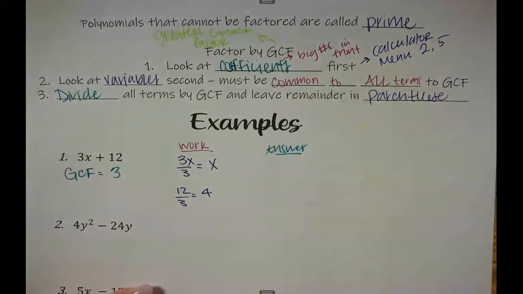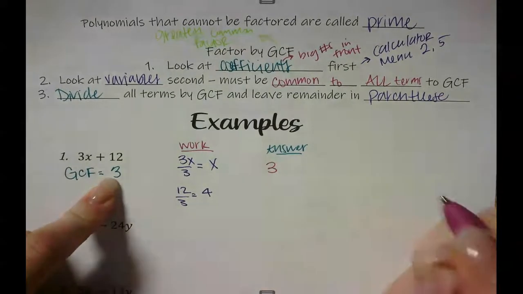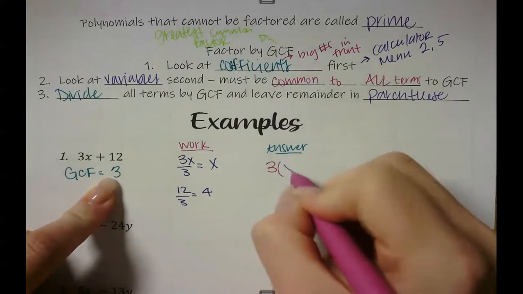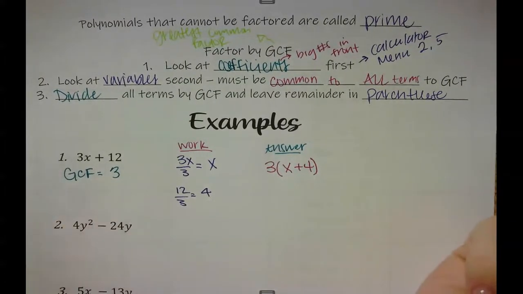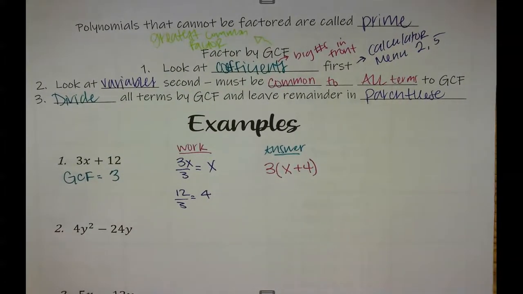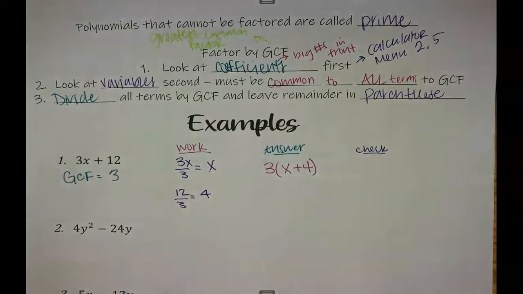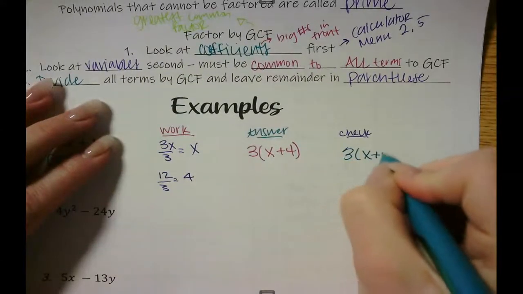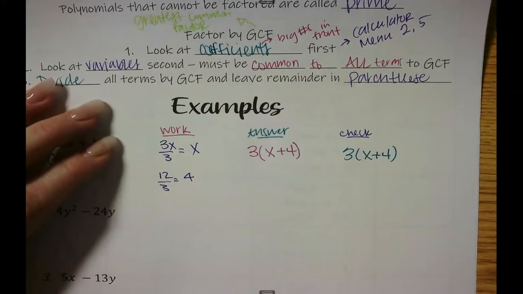So how I write my answer looks like this. This greatest common factor goes on the outside. This goes on the inside. That's my answer. Now, there's one final step, and that is to check our answer. In order to check my answer, I do the distribution that we've done before.